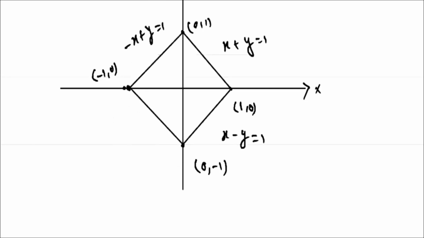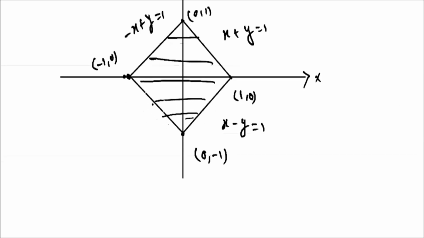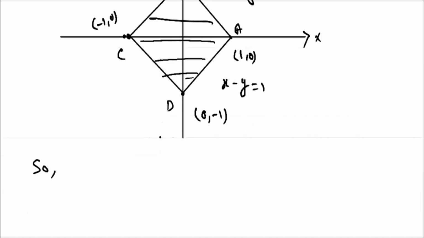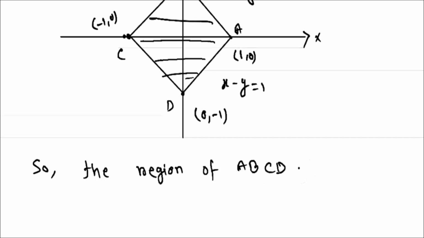So we have to find the area enclosed by the 4 lines. If we name it, this is A, this is B, this is C, this is D. So the region ABCD equals to 2 triangles.